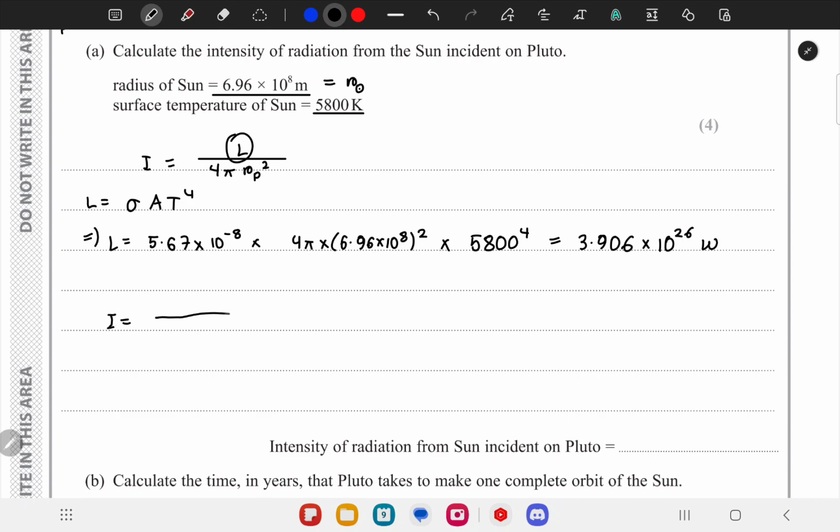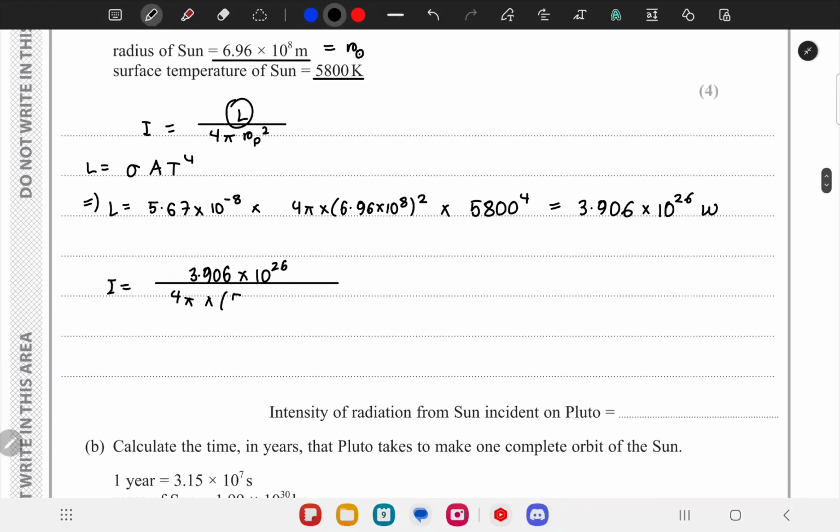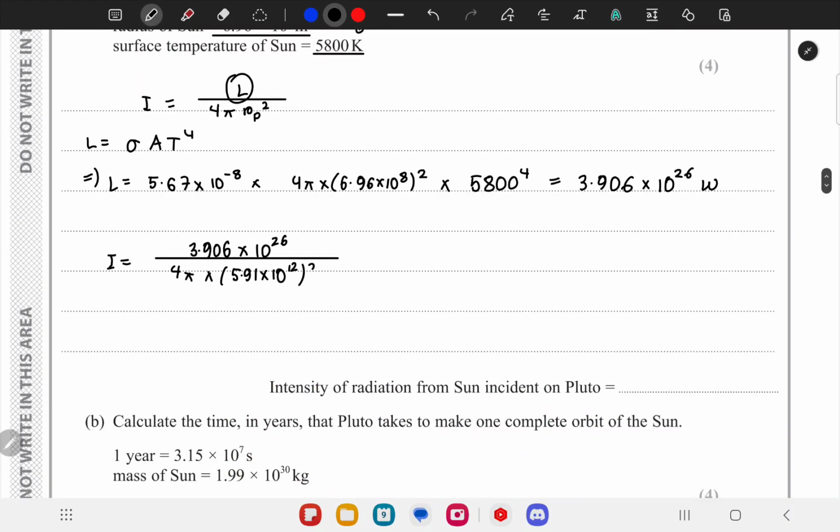So the intensity of sunlight at Pluto would be 3.906 × 10^26 divided by 4π times the radius of orbit of Pluto squared, so 5.91 × 10^12 squared. The intensity would come out to 0.890 watt per meter square.